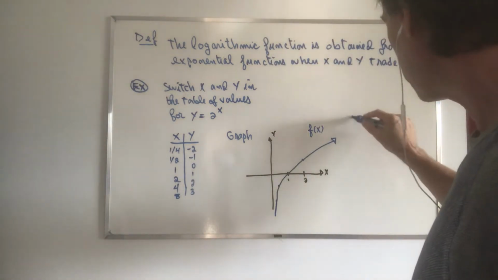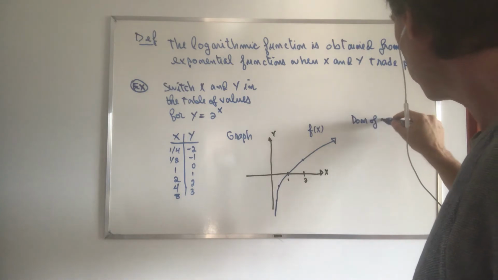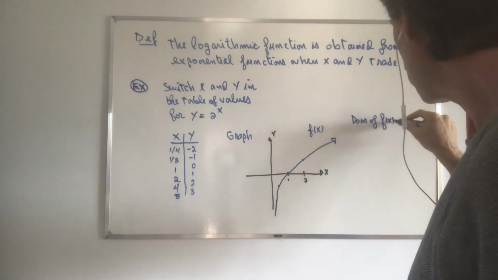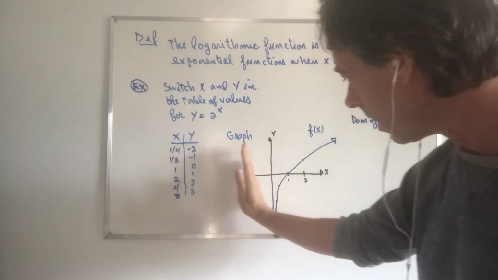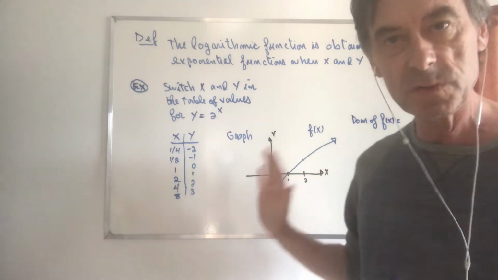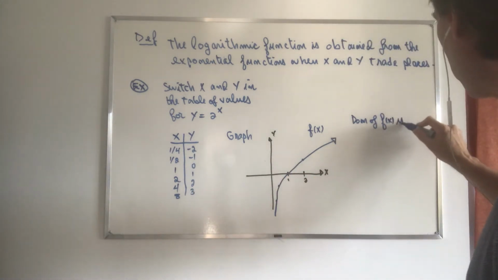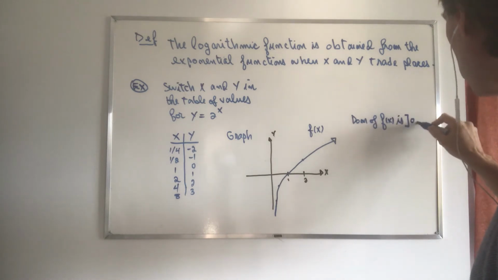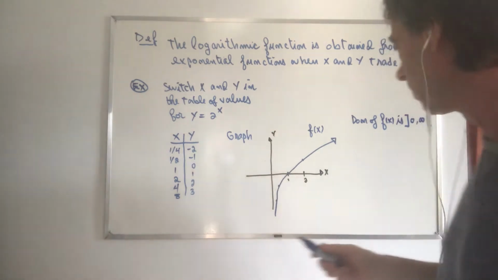What's the domain of this function? Domain of f of x. The domain are the x's that we are allowing into the function. So nothing until 0, and then the domain begins at 0. So it's 0 to the right. So from 0 to infinity, and you notice that was actually the range of the exponential.